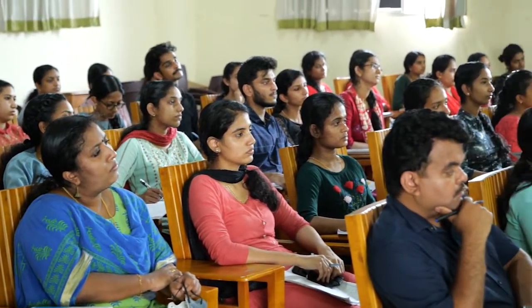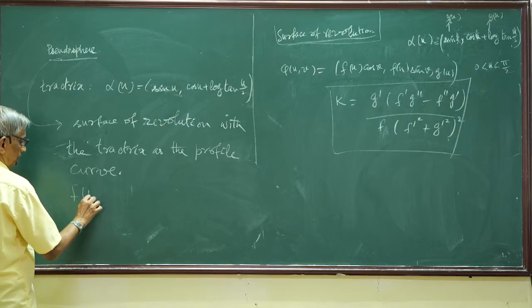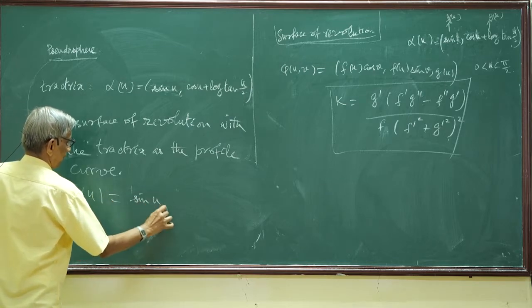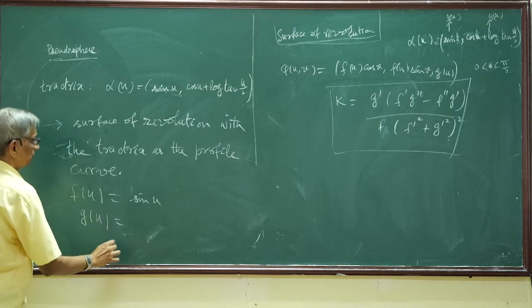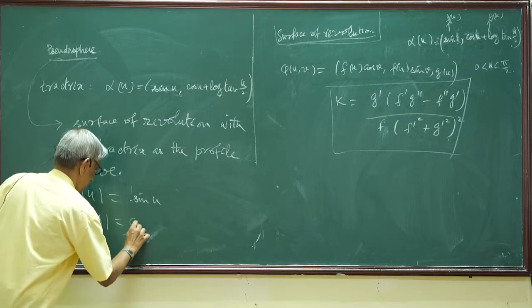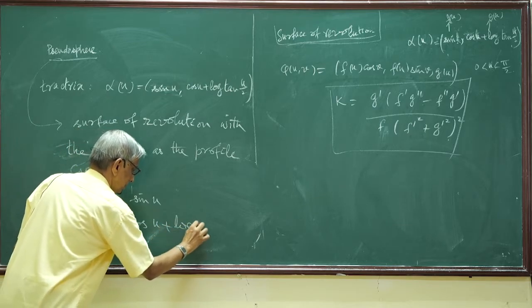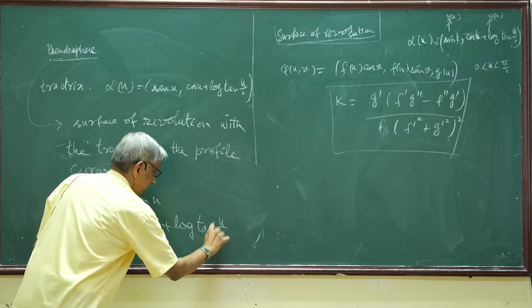Let us calculate the curvature of the pseudosphere using this formula now. So F(u) now is sine u, g(u) is cos u plus log tan u by 2.